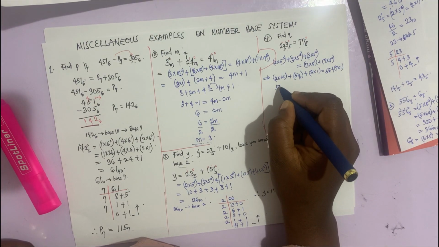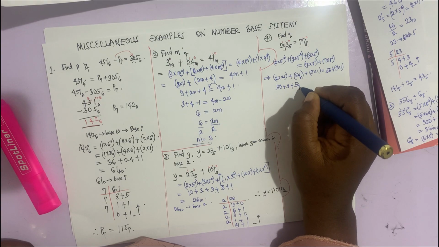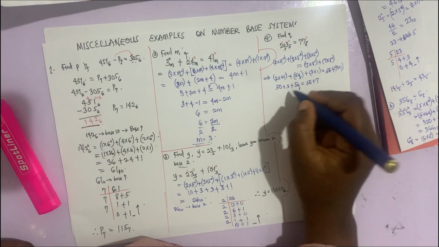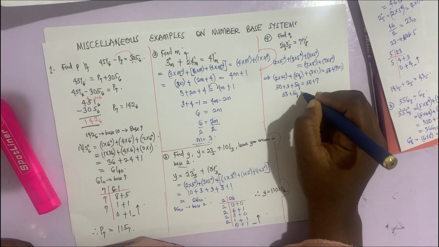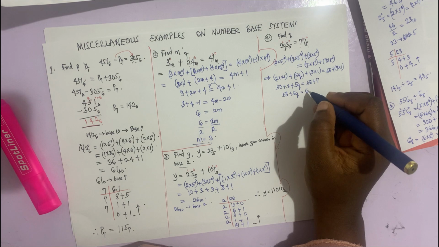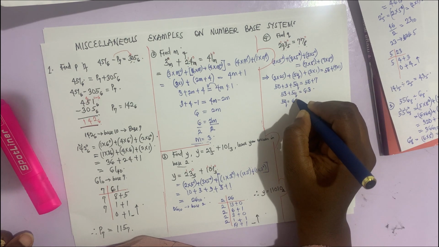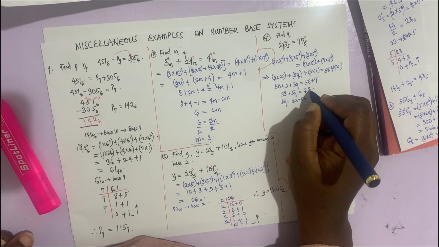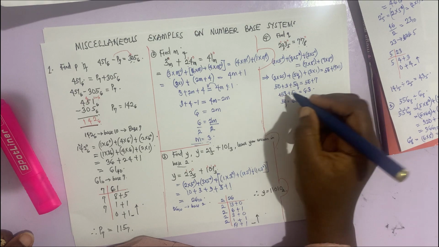So this is 50 plus 3 plus 5q is equal to 56 plus 7. 53 plus 5q is equal to 63. So 5q is 63 minus 53, because 53 crosses the equal sign and changes to a minus sign.